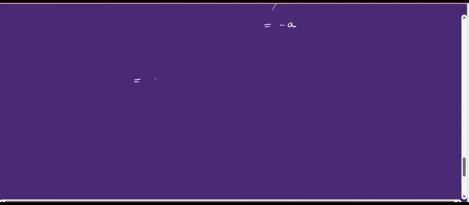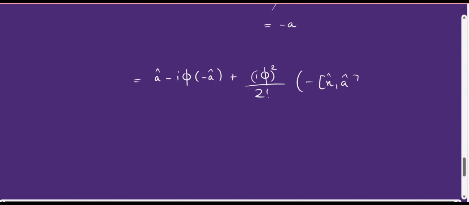So this is a cap minus i phi times minus a cap plus (i phi) square by 2 factorial into minus [n cap, a cap] and so on.